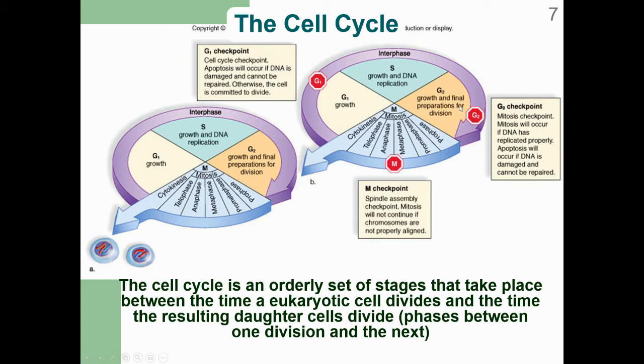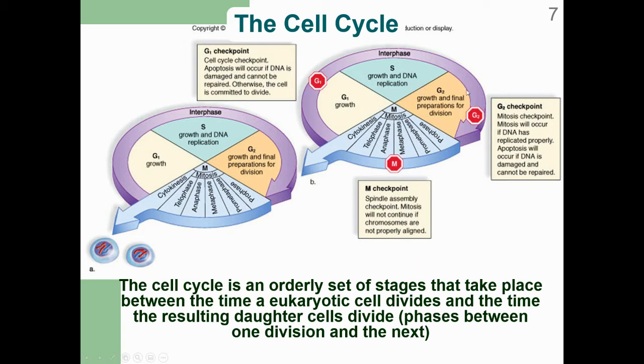I go into my growth 2 phase. In my growth 2 phase, I make my final preparations for division. Here, a lot of my organelles are going to double or increase in size so that I can divide them between two daughter cells. My mitochondria will double so that I can divide them between two daughter cells. And I'm going to make proteins that I need in order to divide.